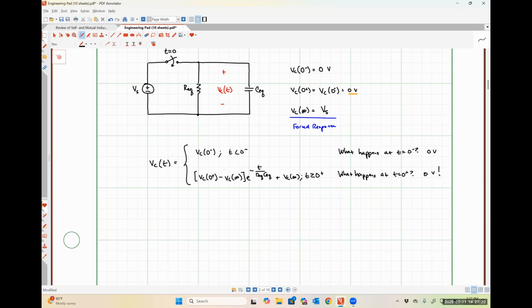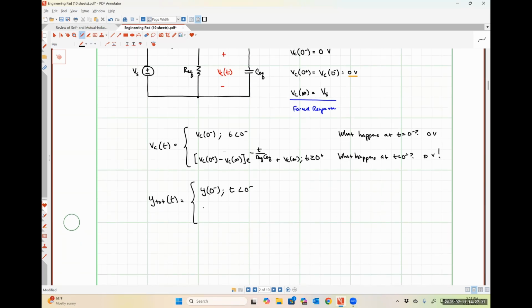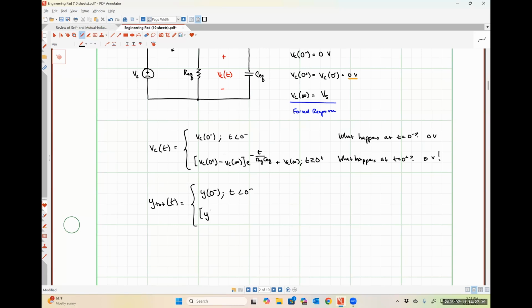we can say that our total response will be given by y at 0 minus for t less than 0 minus, and then it will look like y at 0 plus minus y at infinity multiplied by e to the negative t over tau, our time constant.